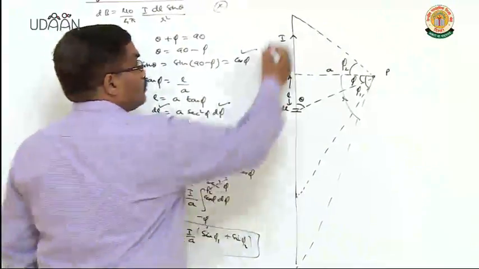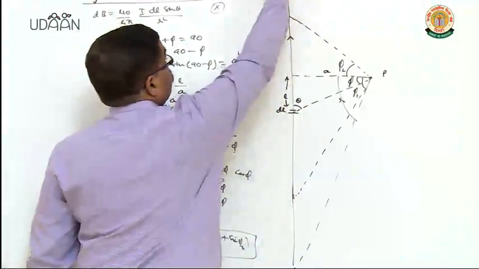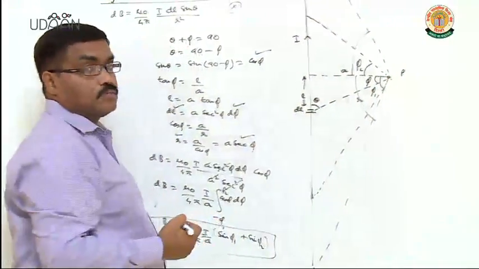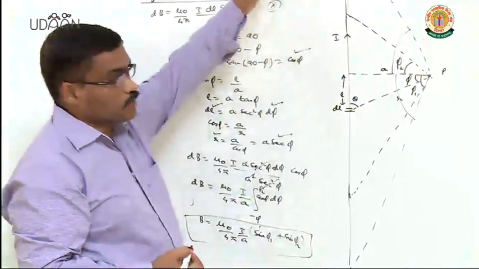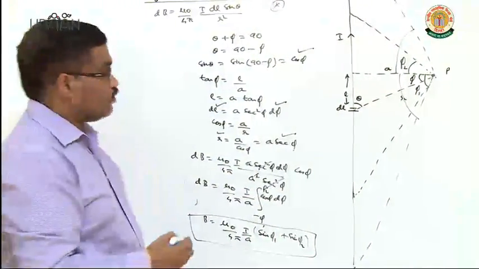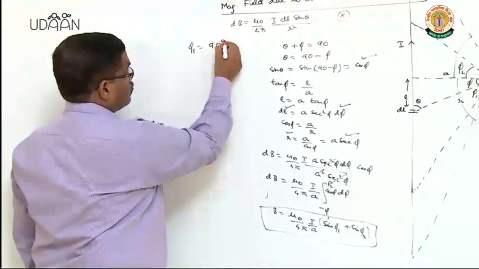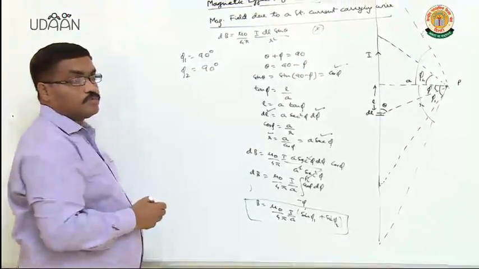Similarly, if I increase the length toward this side, you will find that your phi 2 again increases. Or in other words, if the length of the wire becomes infinite, then phi 1 will become equal to 90 degree. Phi 2 will also become 90 degree.